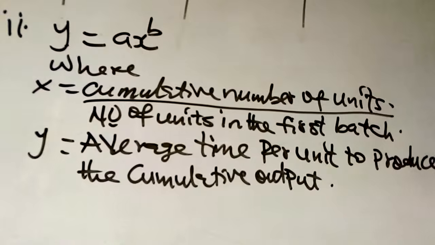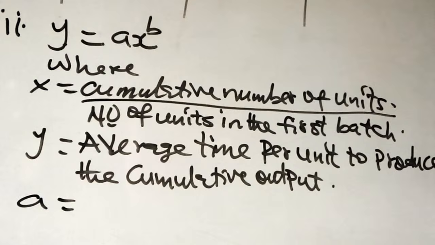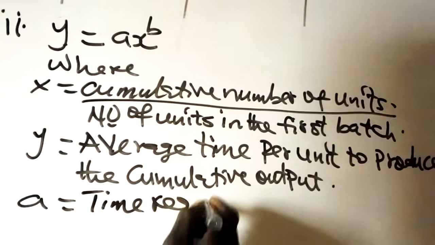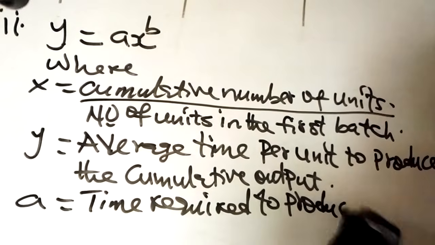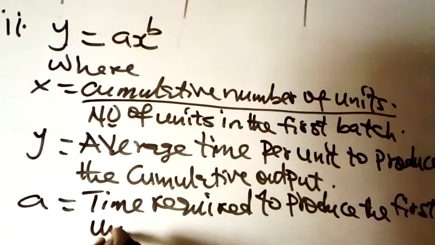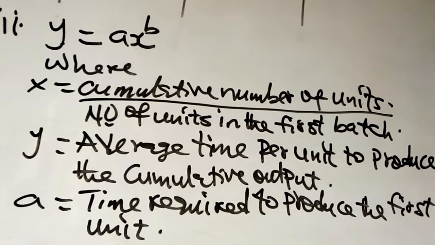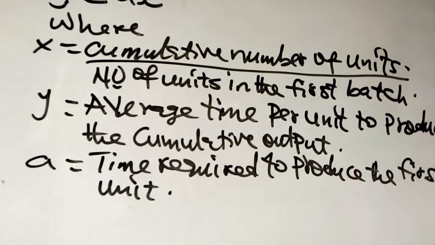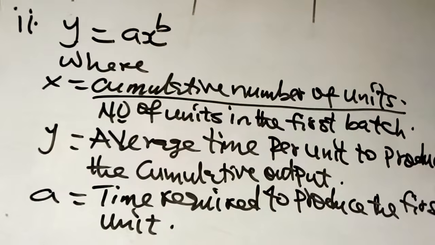Then a is the time required to produce the first unit of output. And b in this formula is the index of learning.